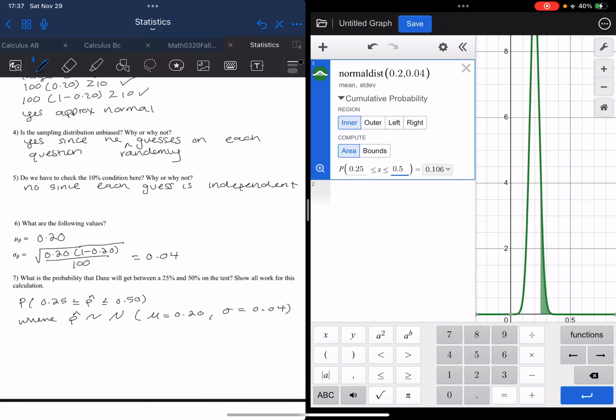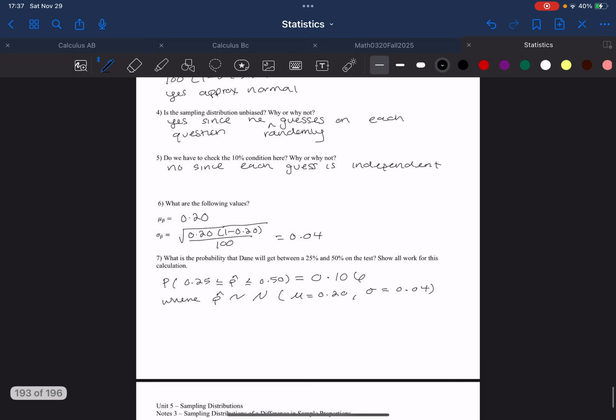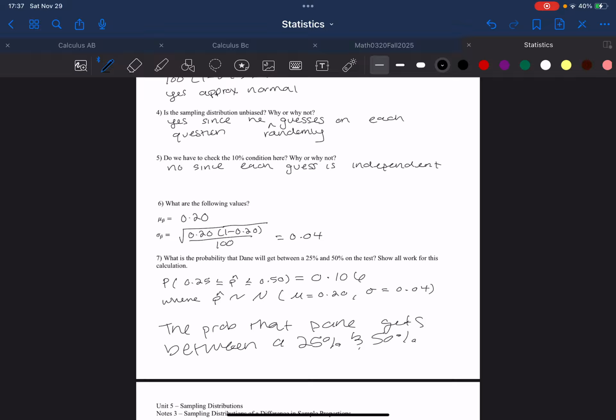And that gives us an answer of 0.106. And so we have to write our sentence, and that's the last step. And we would say that the probability that Dane gets between a 25% and 50% is about a 10.6% chance.